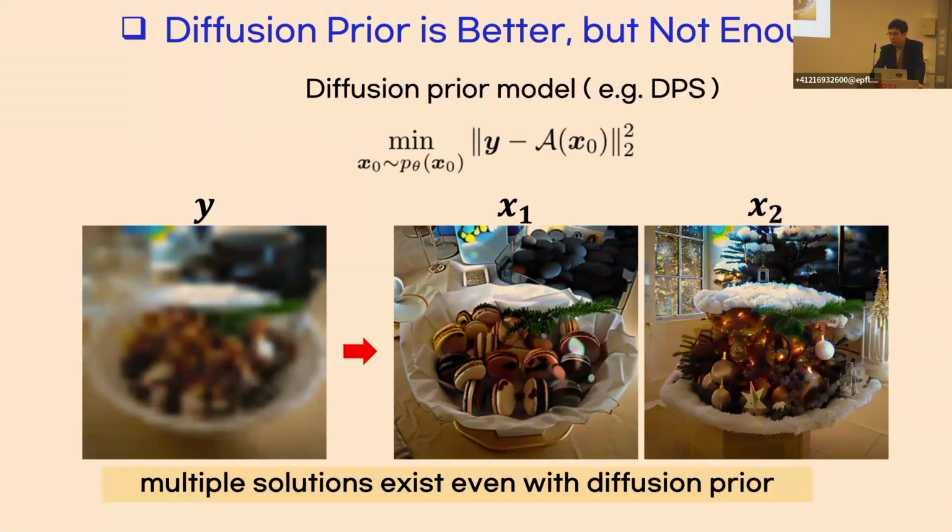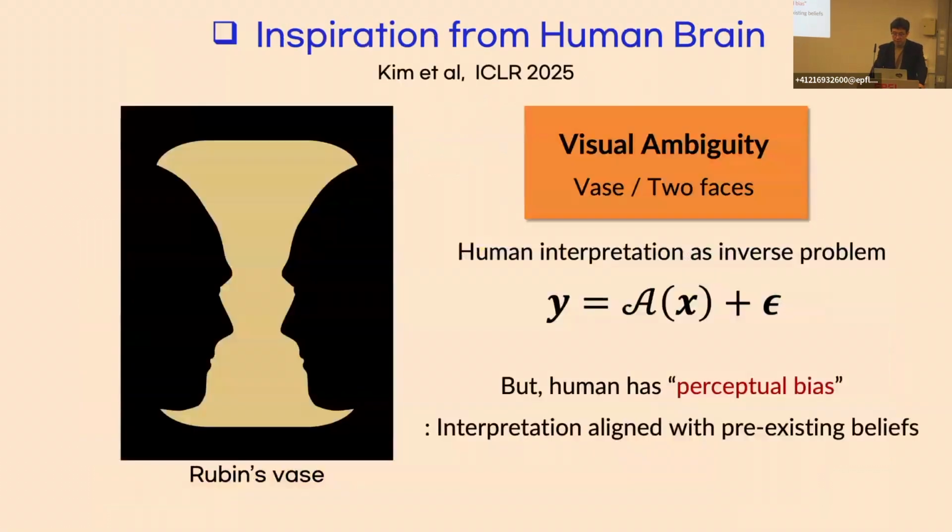So let's think about how humans can resolve these kinds of ambiguities. For example, in this famous picture of the Rubin vase, some people see a vase, or some people see two faces looking at each other, and maybe even something in between, right?